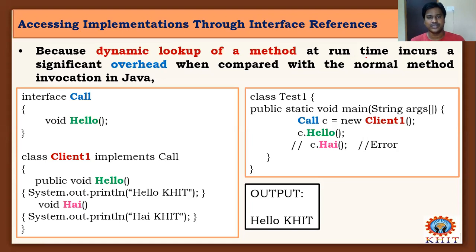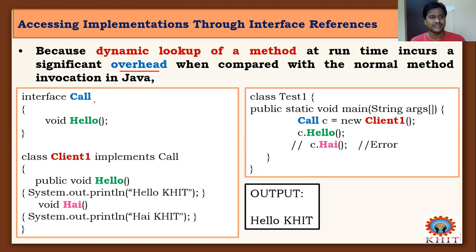When we invoke the method, it is resolved based on the reference at runtime, and it creates some overhead. By using references of interfaces, this can usually be overcome in Java program executions, right? To understand the concept, we are accessing implementations through interface references.